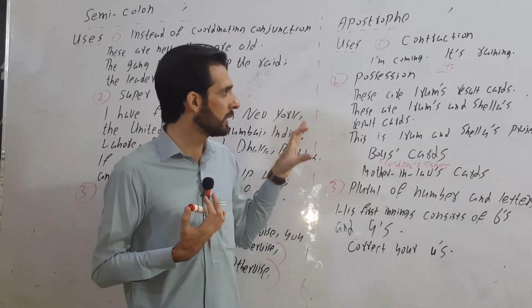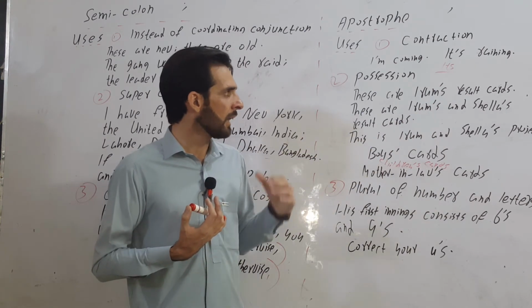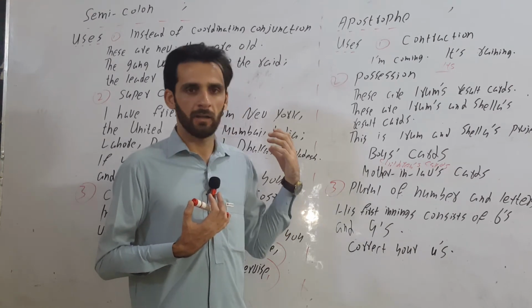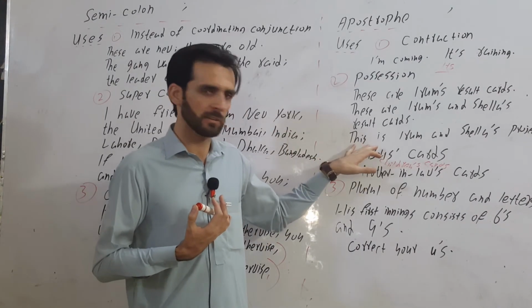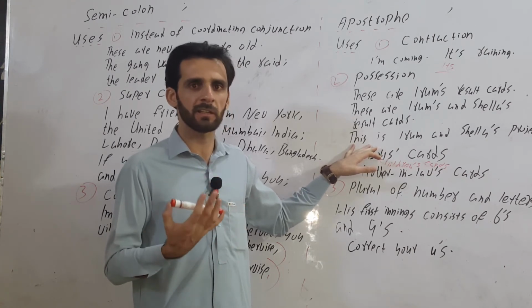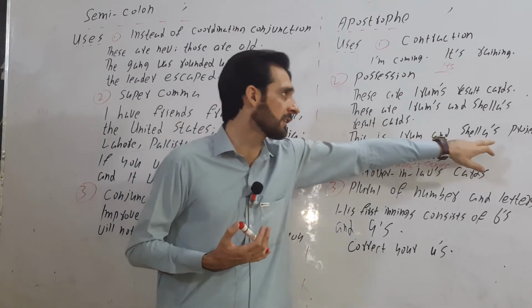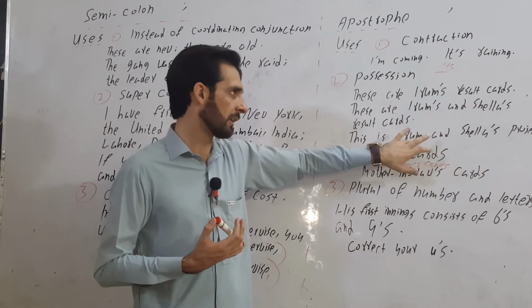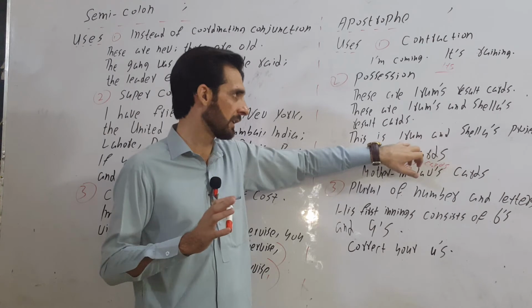But if we have a combined possession, the possessed entity is shared, just like here. The project is shared. The project is for Iram and Sheila. One project for Iram and Sheila.